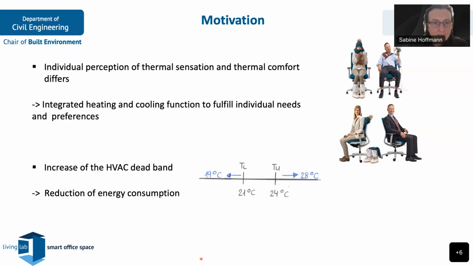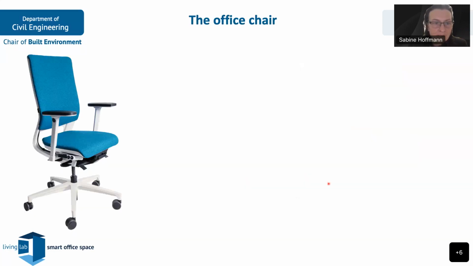So this is the background for this chair. And here you can see the one that we investigated, and this was a very first prototype. Today, this is a commercial product which you can buy in any kind of color, any kind of fabric.